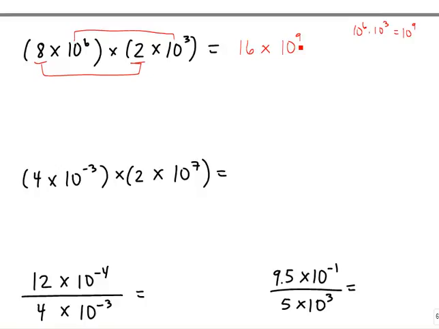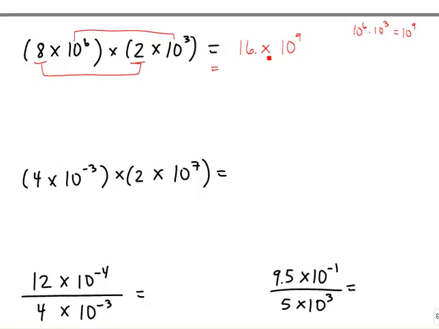Now we have a slight problem with our answer here. This is not considered scientific notation because look at where the decimal is. We don't really see it, but it's implied to be after that 6. And the decimal is supposed to be after a single digit, not after our 2 digits of 16. So to fix this, the long way to do this would be to rewrite this back into standard form.